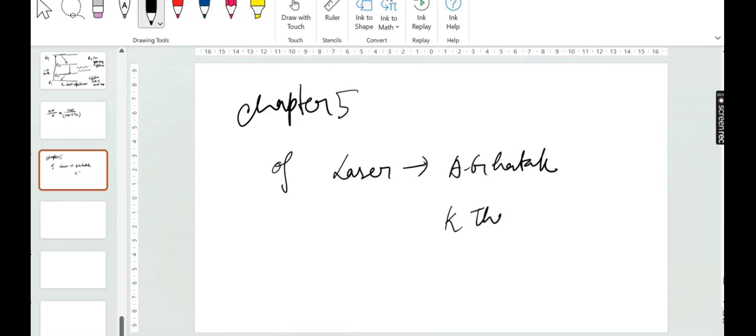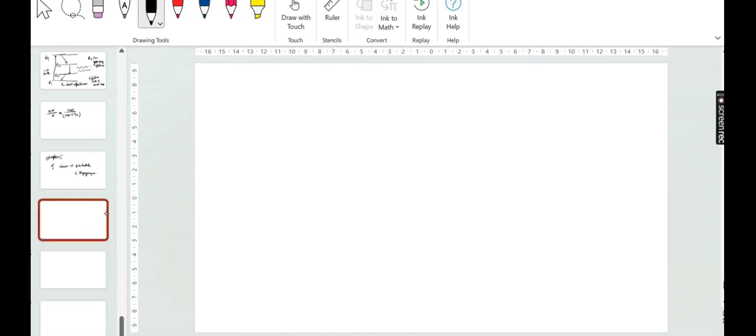The PDF is readily available. You can go through and read chapter 5, you will find it. Now some basic laser problems.